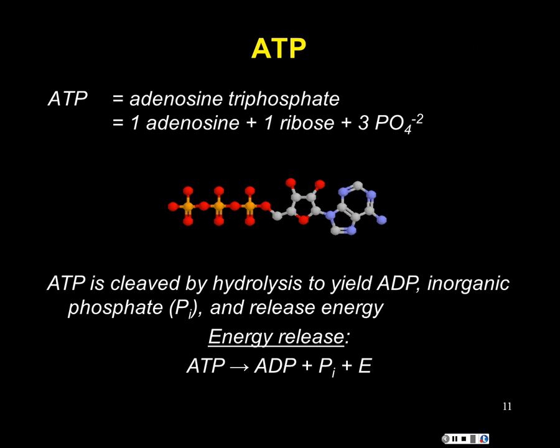Another important molecule we need to address is ATP. What's the proper name for it? Adenosine triphosphate. You've seen something like this when you're studying the structure of what?